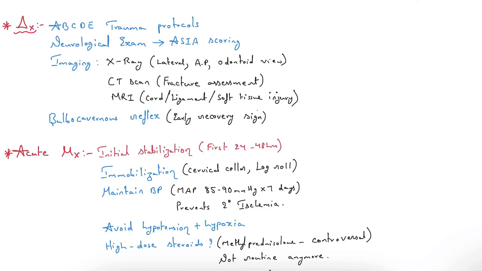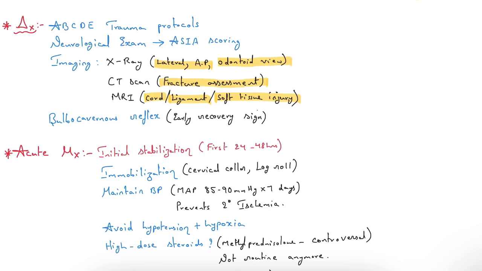Next we can do imaging like X-ray. In X-ray we mostly focus on the lateral view, anterior-posterior view and odontoid view, and CT scan. If you suspect any fractures then we can do a CT scan. Next we can do MRI if you suspect spinal cord injury, ligament injury or soft tissue injuries, and we can also check the bulbocavernosus reflex as an early recovery sign.